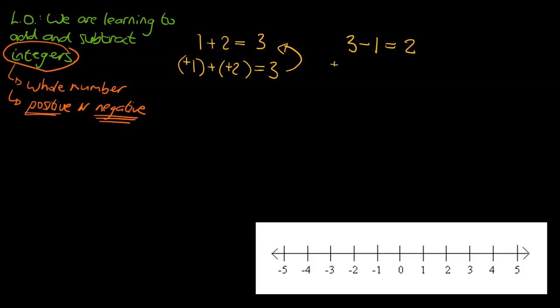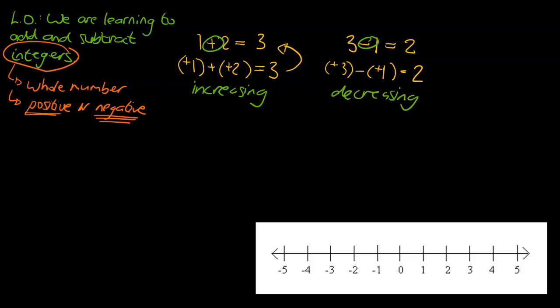What we've actually got here is positive 3 minus positive 1, and that gets us to 2. These are two standard basic addition and basic subtraction scenarios, slightly reworded. So this adding here normally just means increasing, and this subtraction here normally just refers to decreasing.